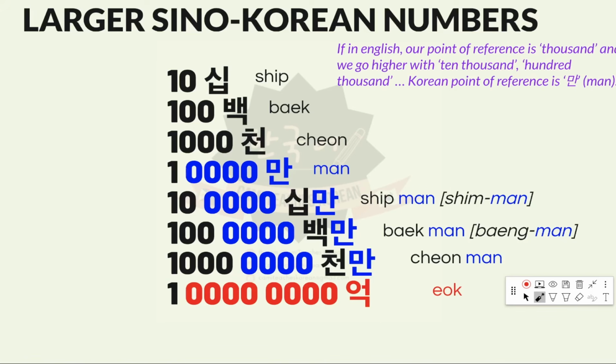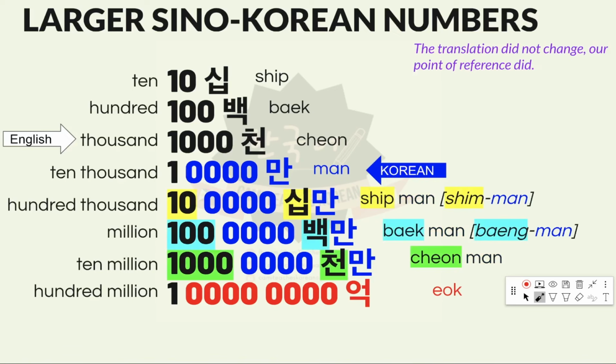It's hard to look at it this way, so we need to identify them. The translation did not change, okay? I'm just letting you know that the Korean way of looking at numbers is different from how English speakers look at numbers. They really are different, so it's understandable that it's confusing for a beginner.